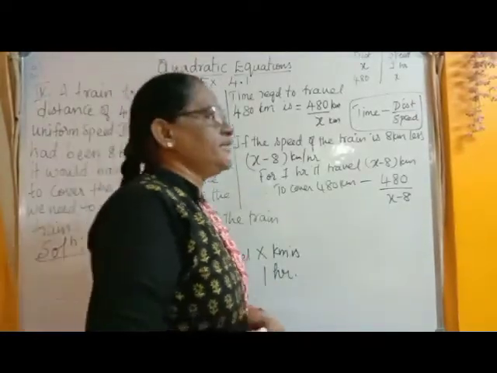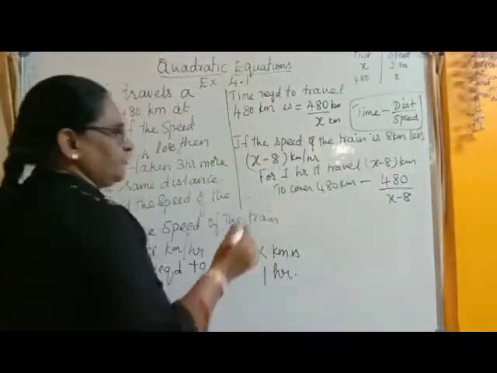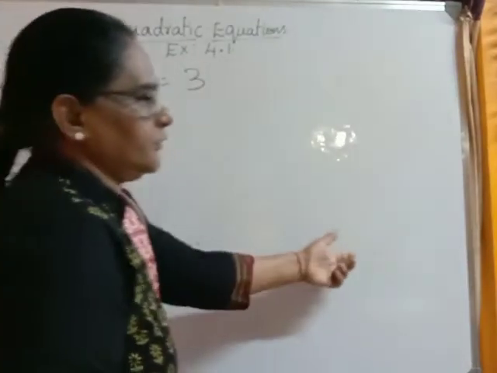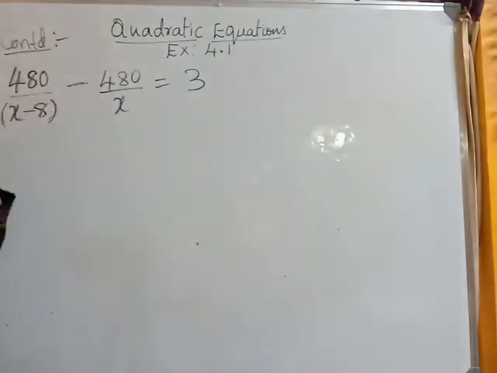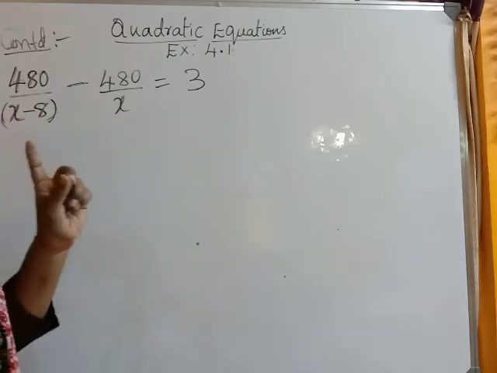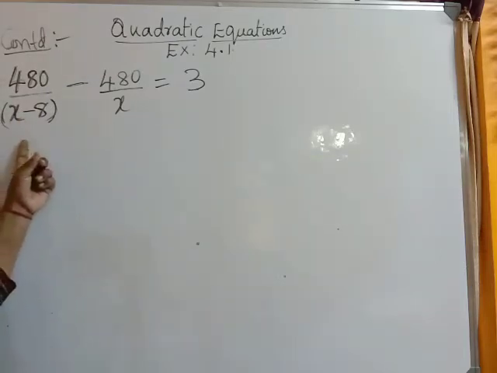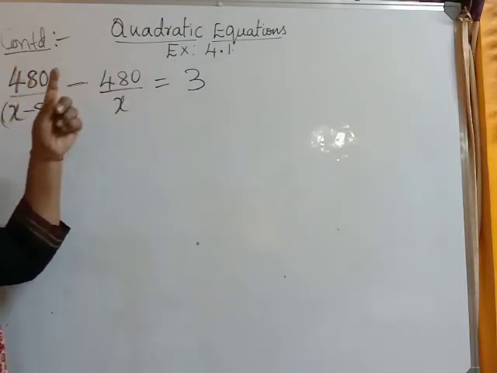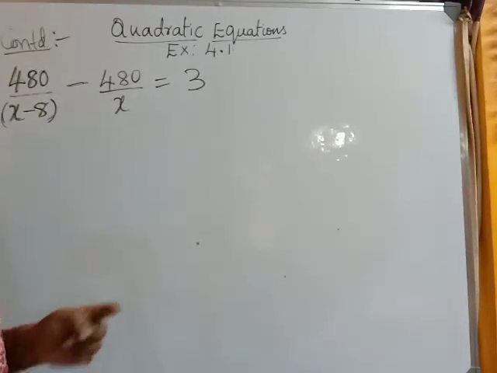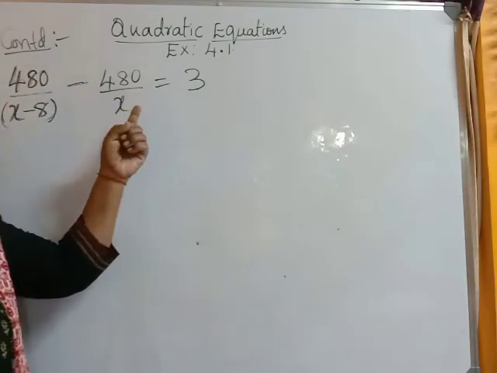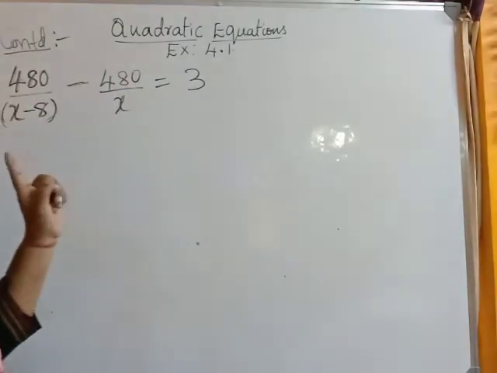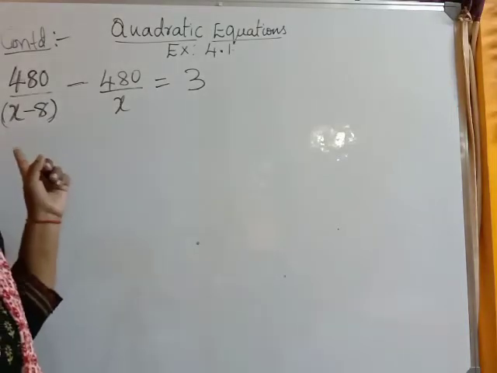Now you have to write this in the form of a quadratic equation. I have carried over the previous things. One speed is this one. Time taken if the speed is 8 kilometers less is 480 by x minus 8, and the original time taken to cover 480 kilometers at the speed of x kilometers per hour is 480 by x.